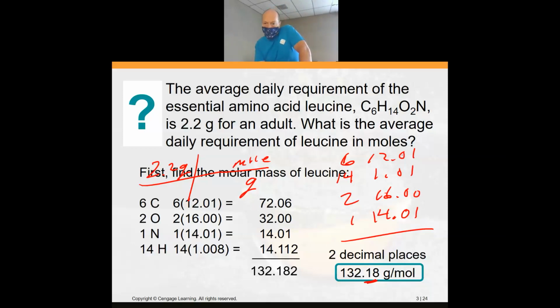All right, would we get 132.20 the way we did it? The way we would do it, when you add these up, it would be 132.20 grams per mole. So remember that the error is always in this last number.